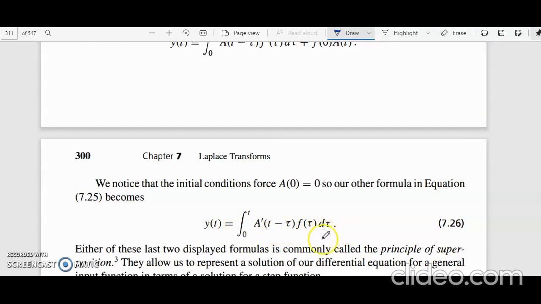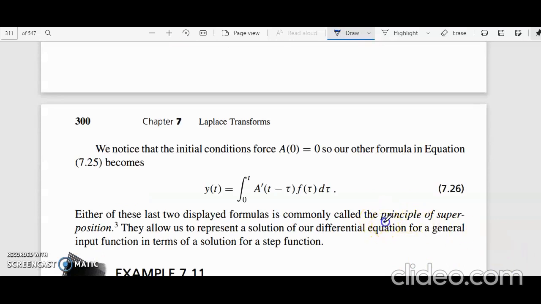So this way of obtaining the solution is called the principle of superposition. This allows us to represent a solution of our differential equation for a general input function in terms of a solution for the step function.